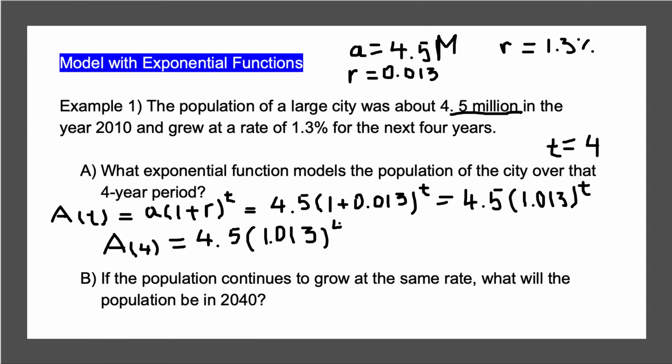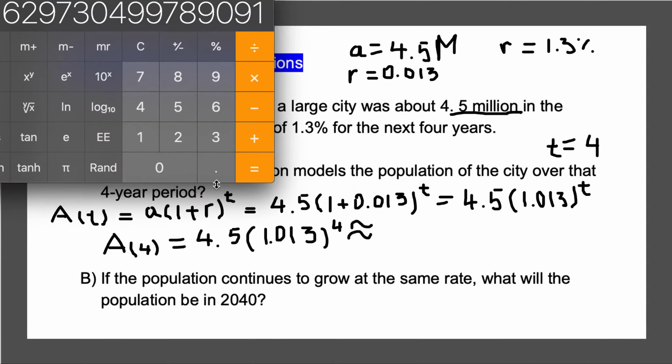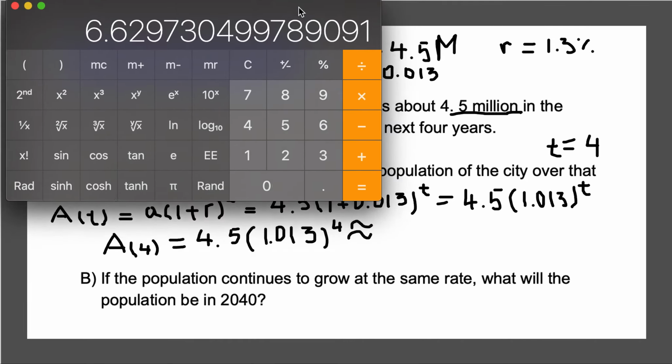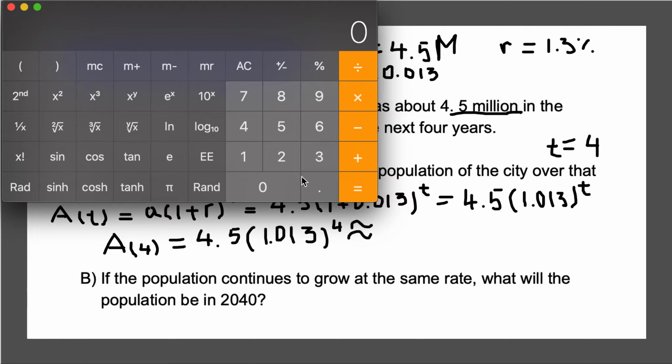I'm not going to get an exact value, but I want to find approximately how much it will grow, because I know I have to approximate in decimals. First, let me calculate this in a calculator. I have 1.013 inside the parentheses to the power 4. That gives 1.05, but I have to multiply by 4.5 million.